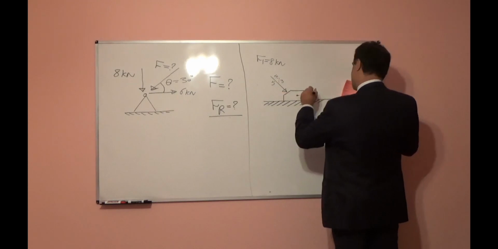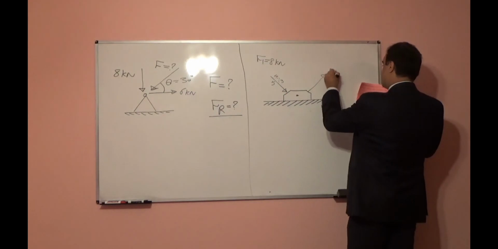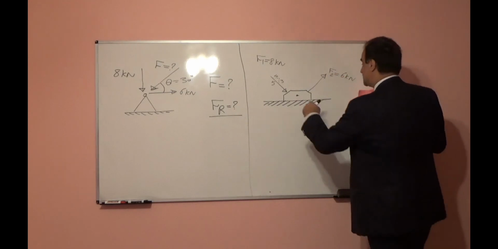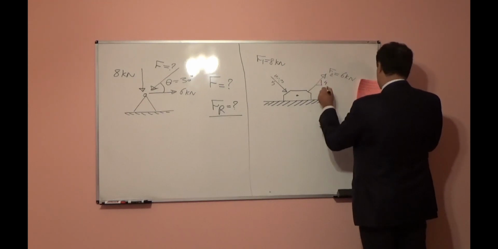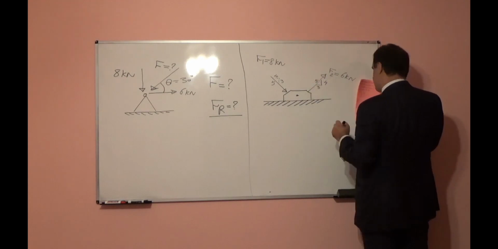Another force, F2, magnitude 6 kilonewton. You see the sense of the vector direction, and in this triangle the vertical direction is 4, the horizontal direction is 3, so this will be 5.